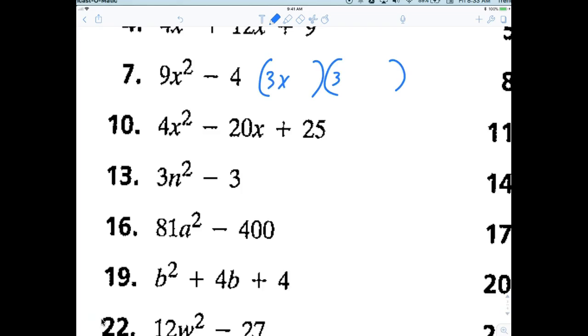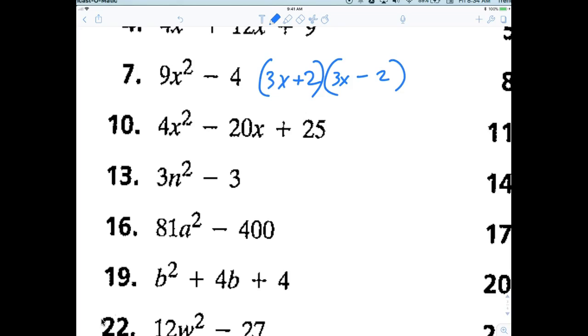3x and 3x, 2 and 2, 1 plus, 1 minus. Is everybody happy with that? Exactly. Why 3x and 3x and not 3x? Because you want 0 for a middle term.